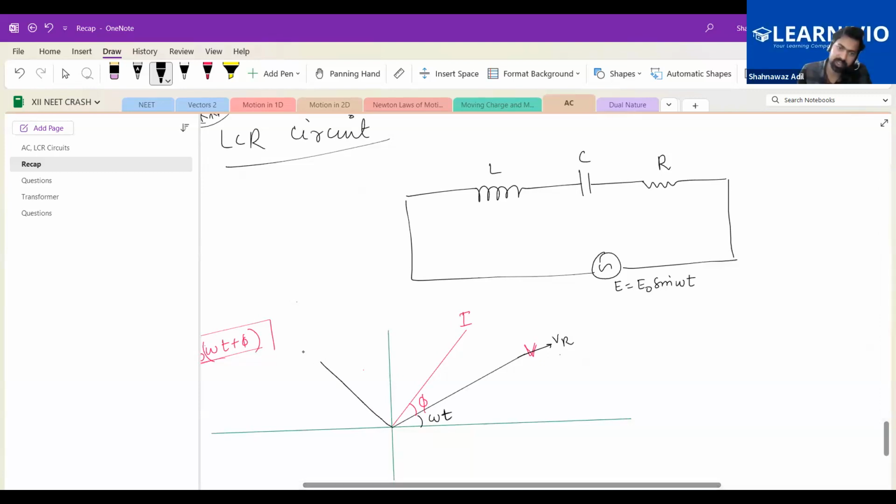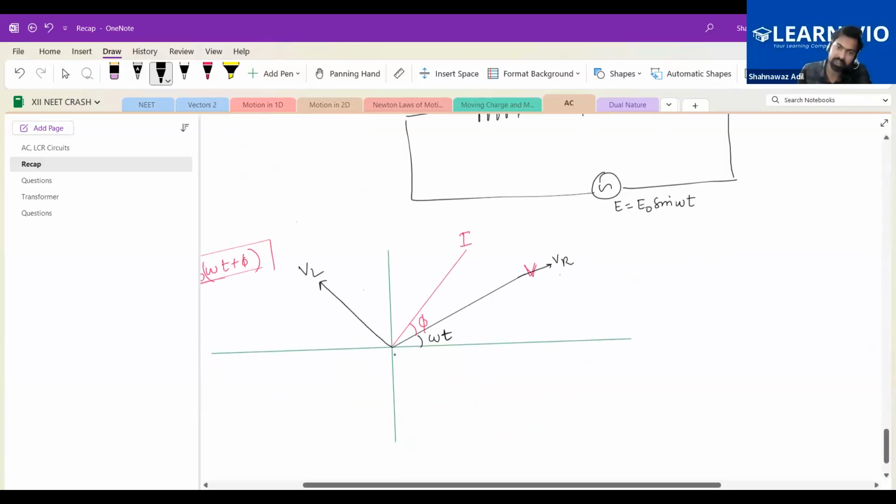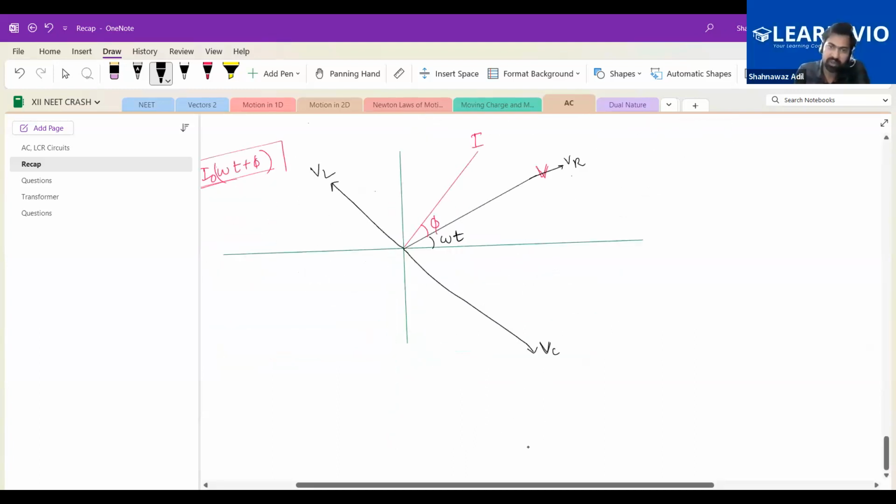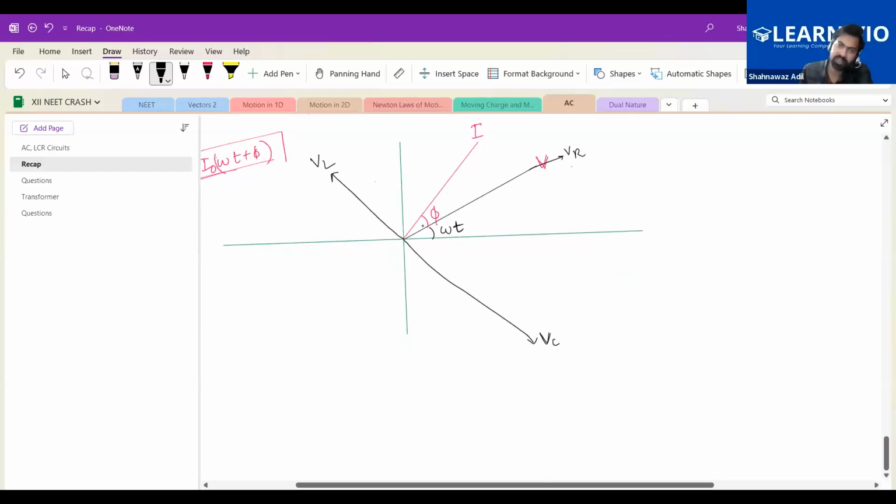So this is the inductor, and then we have the capacitor. So this is omega t plus 90, and this is omega t minus 90.